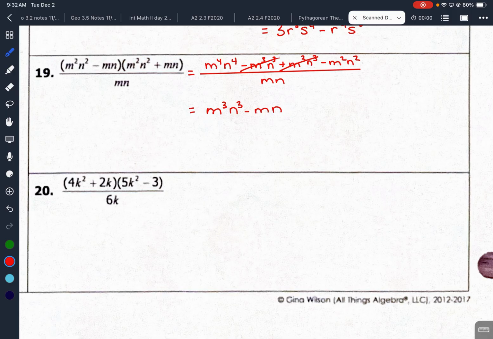Bree, how'd it go? Shane, how'd it go? Alexander? Pretty chill till the dividing. Okay, so you're just subtracting what's on the bottom?